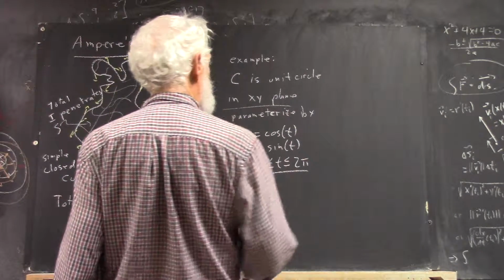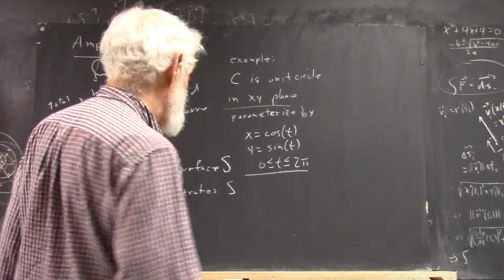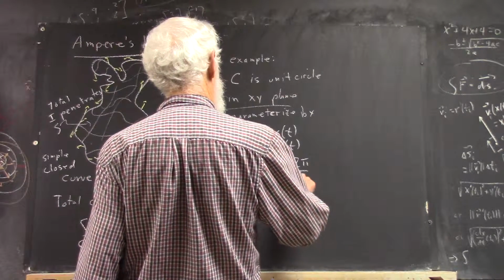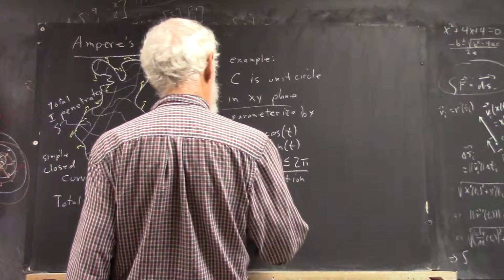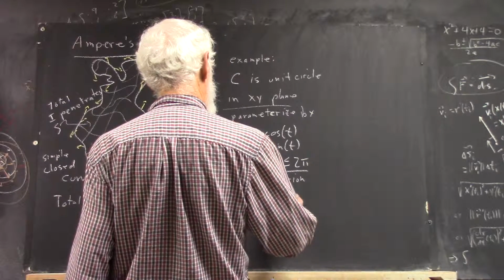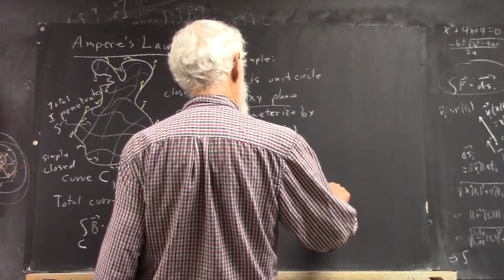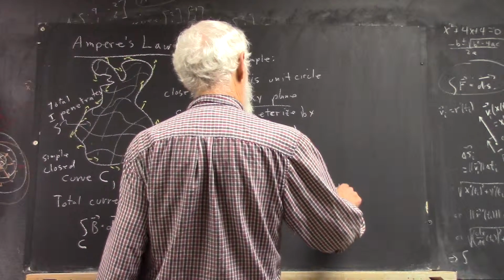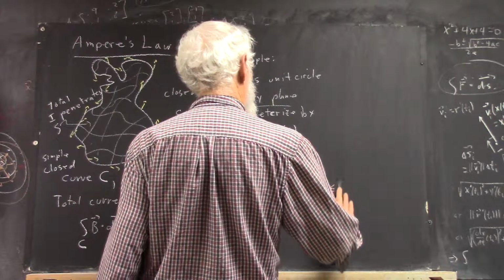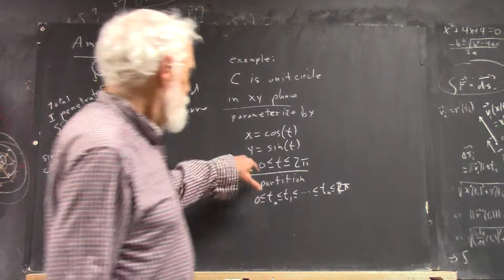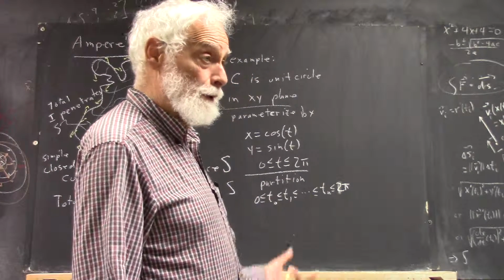So what you do is, what do you partition? You partition the interval from 0 to 2 pi. Make sense?